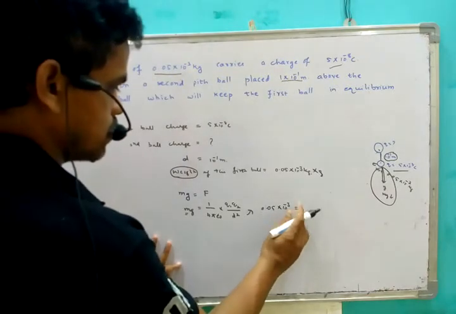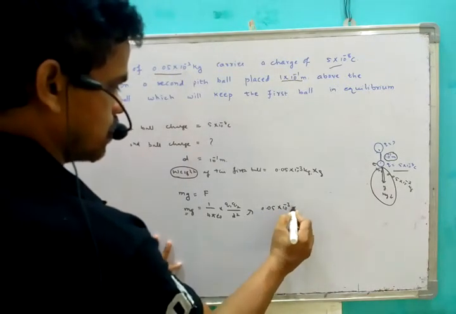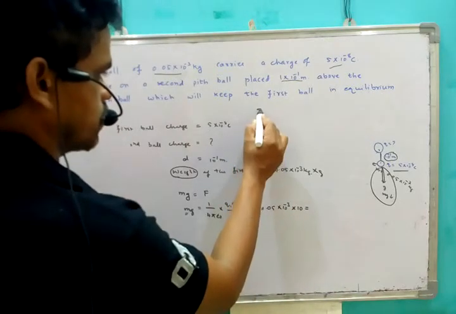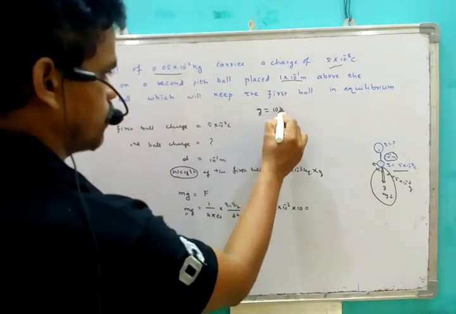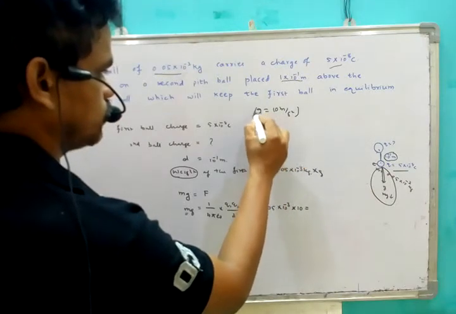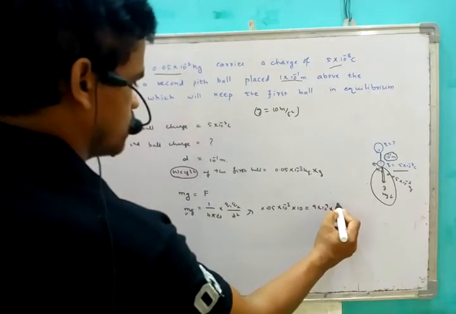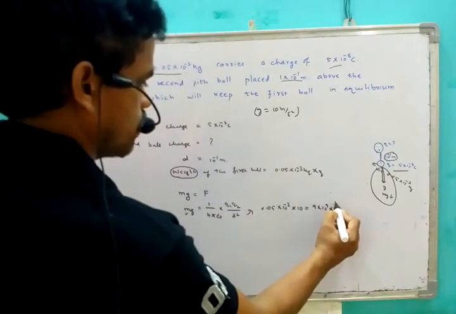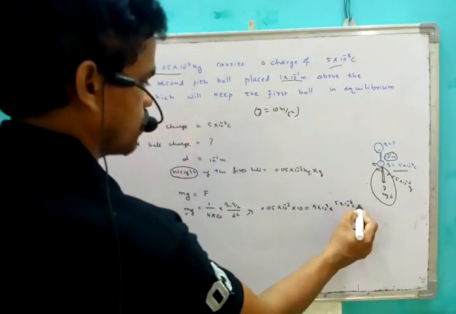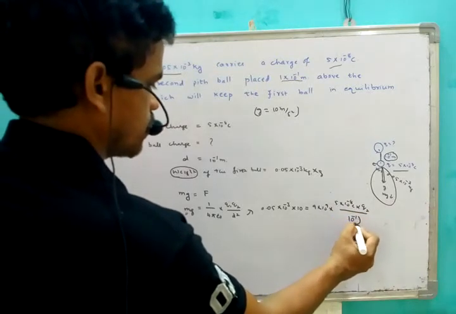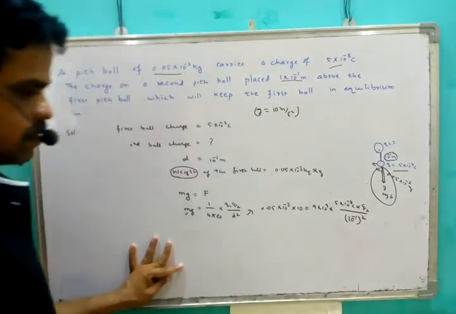Take g as 10 meter per second square. On the other side, 9 × 10^9, q1 is already 5 × 10^-8 coulomb, into q2, which we have to find, divided by d equal to (10^-1) whole square.